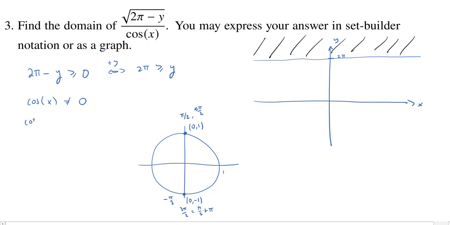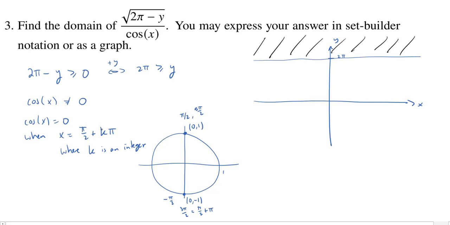So cosine of x equals 0 when x is equal to pi over 2 plus some number of copies of pi, where this number is some integer, right? So where k is an integer.